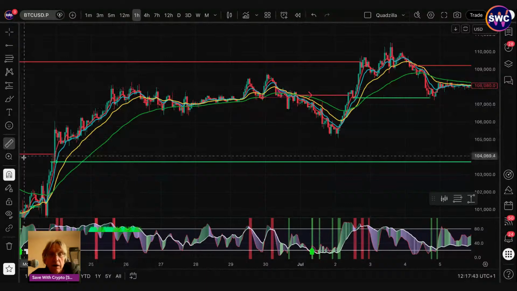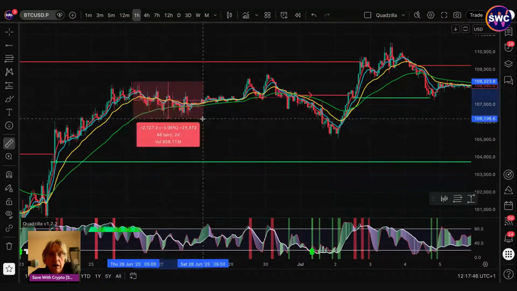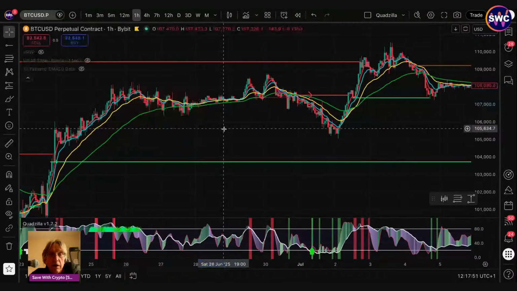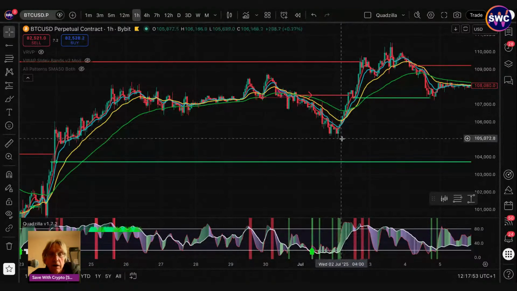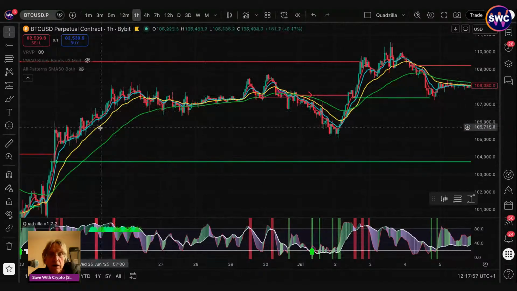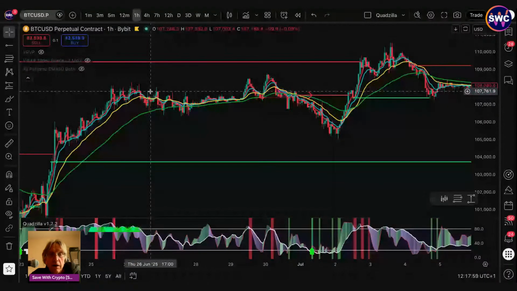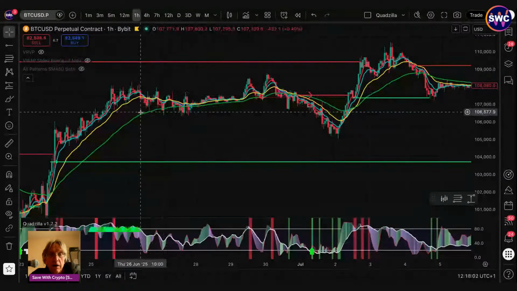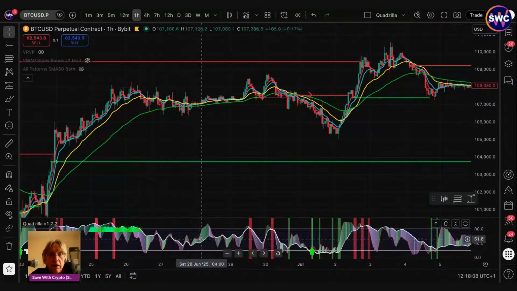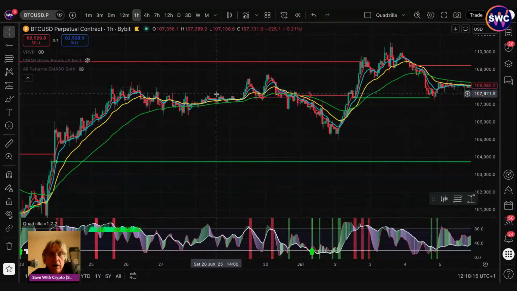Just turn the magnet off. That pullback was about 1.8%, so not an enormous pullback. I suppose if you're counting to there, that was much bigger, but initially it wasn't much. So basically what happened, it was getting very, very high like that, and then it pulled back a bit, and you can see the convergence band here came down, and then it started to go up here in the summer, like June 2025, and then it went back up again.